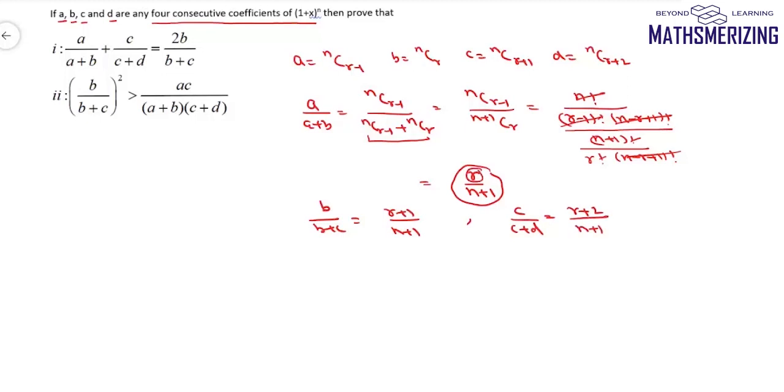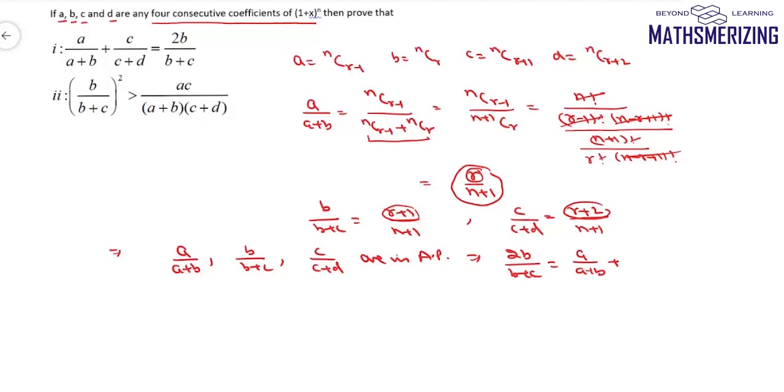So when I see these numbers r, r+1 and r+2, they are in AP. So I can simply say a/(a+b), b/(b+c) and c/(c+d), these numbers are in arithmetic progression. And if they are in AP, then twice b/(b+c) should be equal to a/(a+b) plus c/(c+d). So which is your first result.